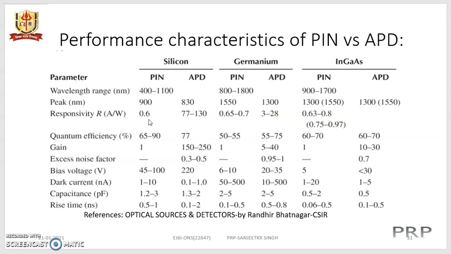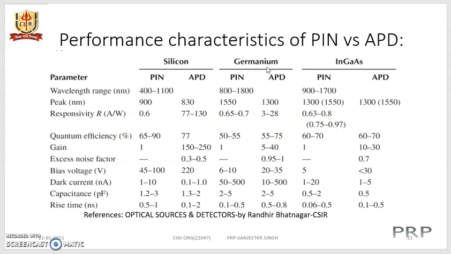For silicon PIN it is 0.6 ampere for 1 watt of input photon power, whereas for the APD we find it is 77 to 130. So it is much larger than the PIN of silicon.